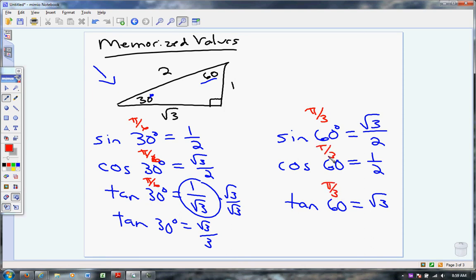The reason I write that is because you need to know that if you do the sine, cosine, or tangent of the radian angle, you get the same value. Okay? So if I were to do the sine, like looking at this one, I could also say the sine of pi sixth equals 1/2. I can say the same thing using the radian measure of that angle.